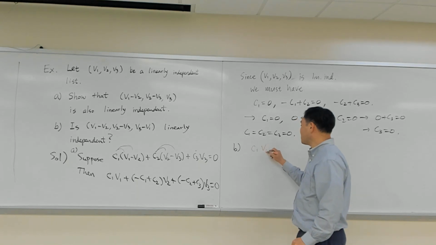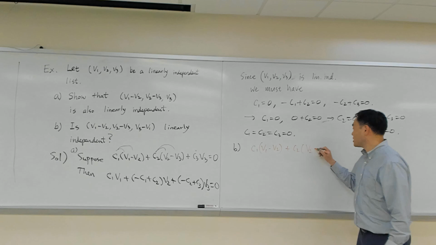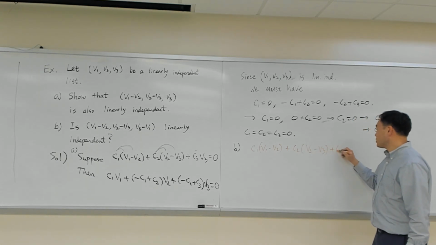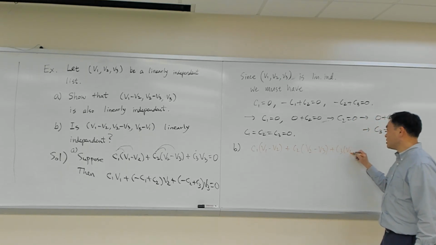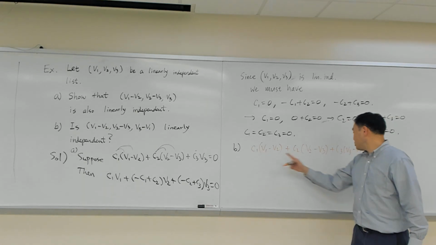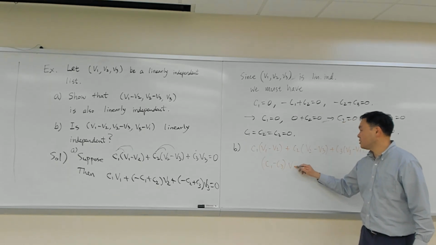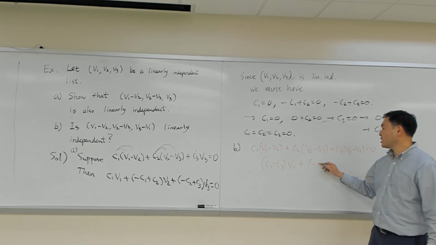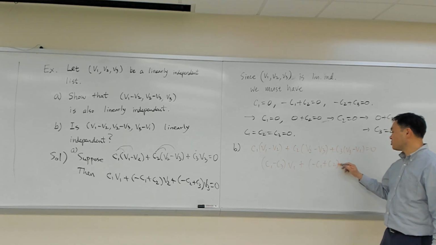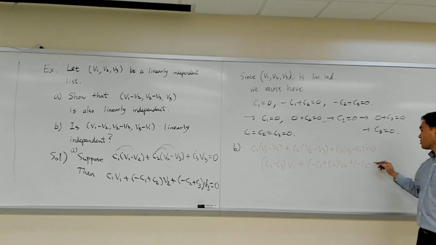C1 times (V1 minus V2) plus C2 times (V2 minus V3) plus C3 times (V3 minus V1) equals 0. That's (C1 minus C3) V1. That's (negative C1 plus C2) V2. And then plus (negative C2 plus C3) V3.